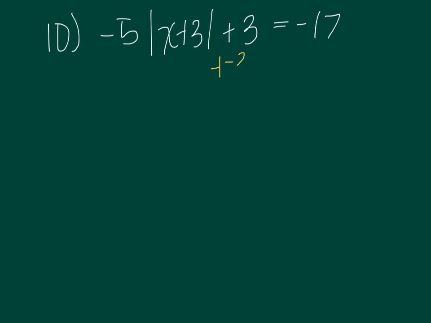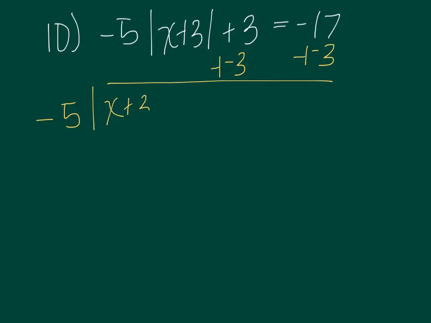So I'm going to start by adding a negative 3. So my new equation is negative 5 times the absolute value of x plus 3 equals negative 20. Now you might still be thinking, okay, it's still negative, so it's no solution. But again, look, is absolute value fully alone?